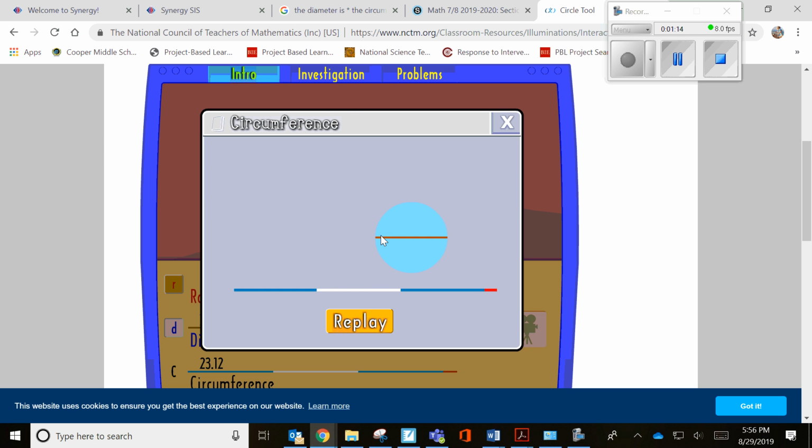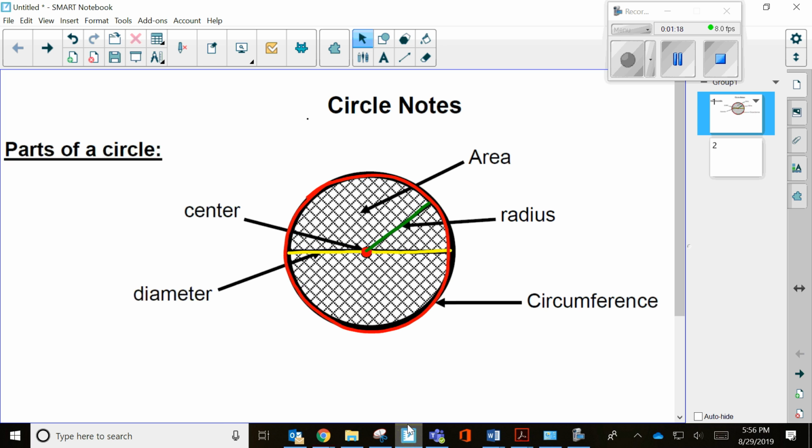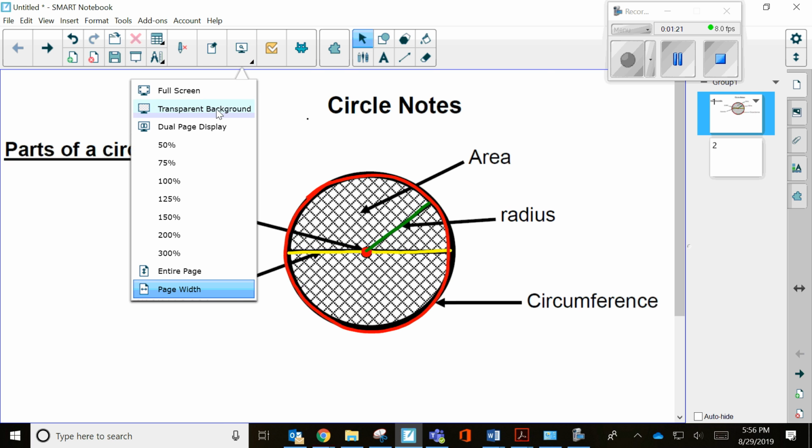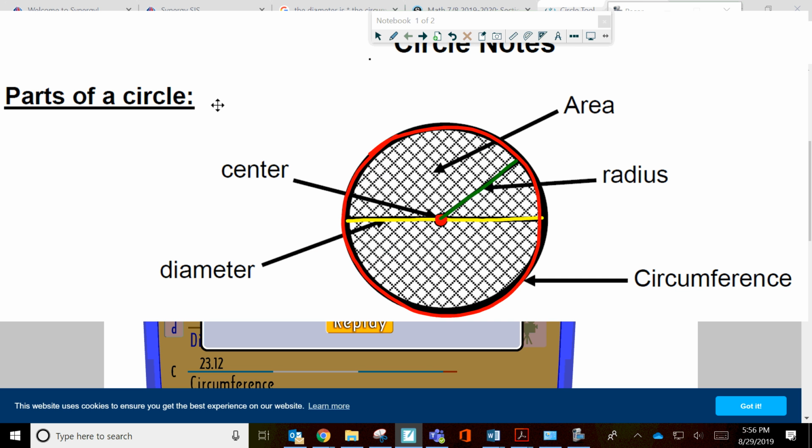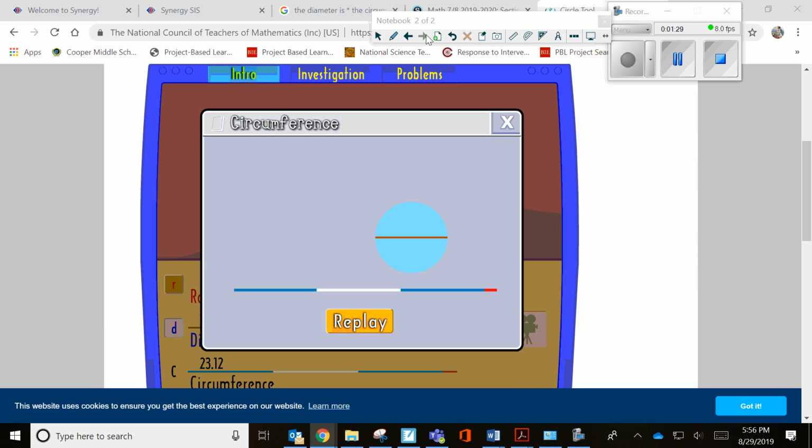this area here, one second, is your diameter. This right here is your diameter.